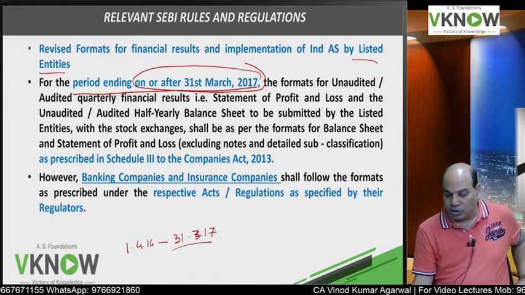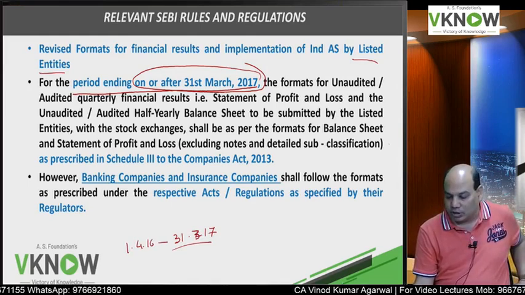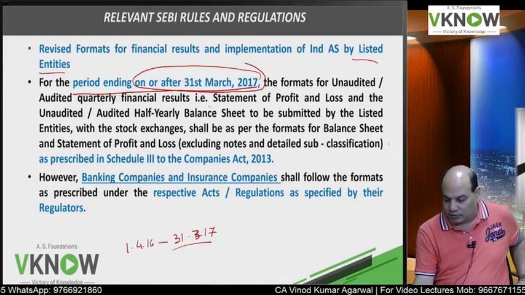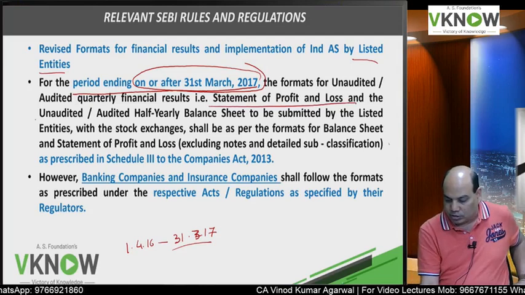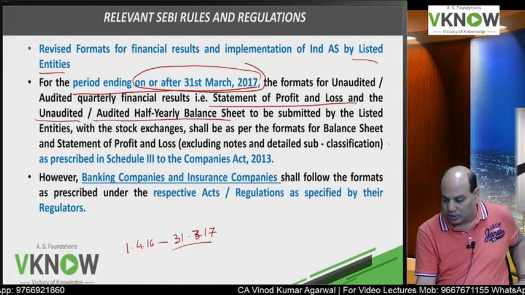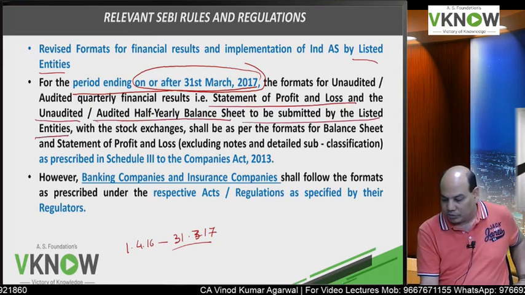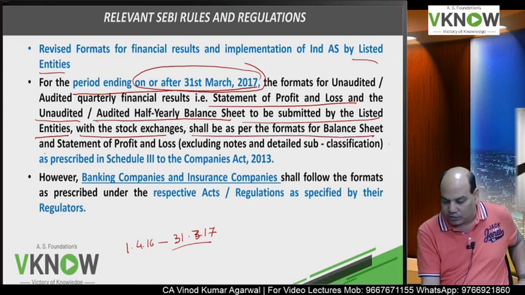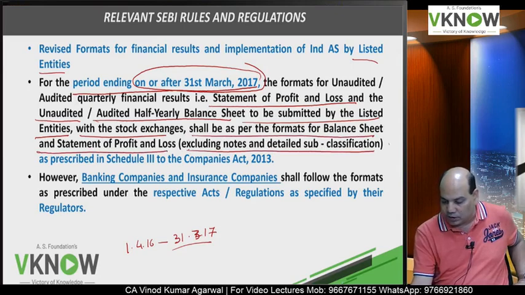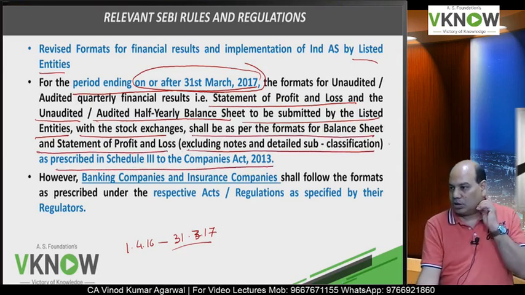The format of unaudited or audited quarterly financial statements, that is the statement of profit and loss, and unaudited and audited half-yearly balance sheet, to be submitted by the listed entity to the stock exchange shall be as per the format of balance sheet and P&L account, excluding notes and details of classification, as prescribed in Schedule 3.